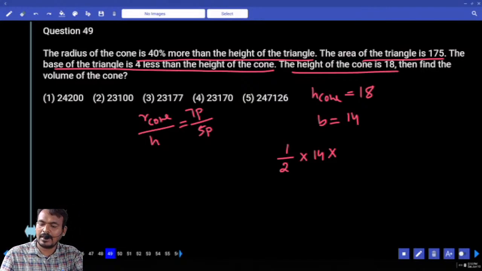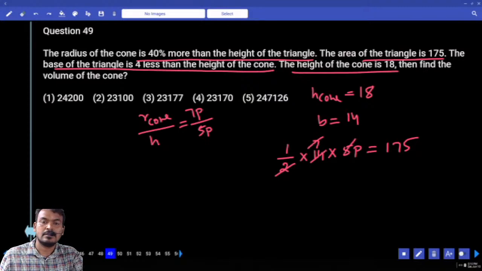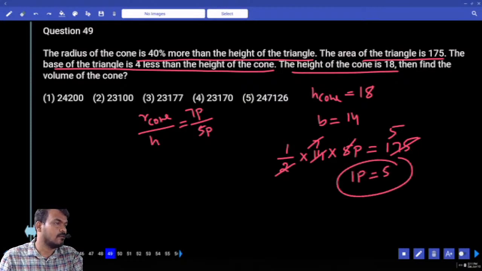And what is the height value? 5 parts into 5 parts equal to how much? 175. 2 how many times? 7. 7 5s are 35. How many times? 5 times. Every 1 part equals how much? 5. 1 part value is 5. Then the radius of the cone is 35.